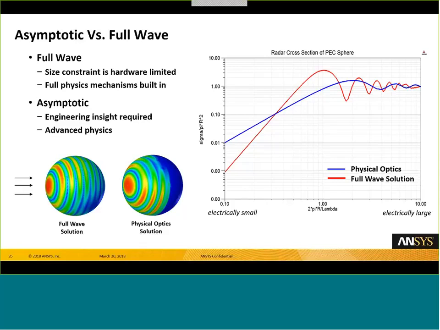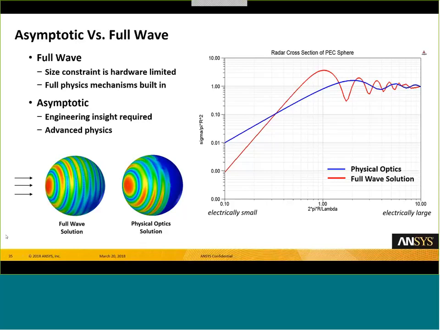That's expected, and these two results are a reminder that there's certainly engineering judgment that needs to be applied when using asymptotic techniques. But as we're about to find out, when you use them correctly, it really opens up the space for what we can do.